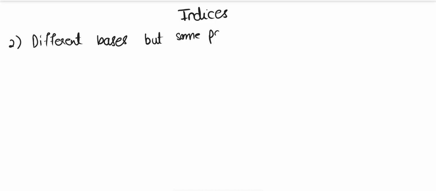Okay, now we have to study another rule. What is that rule? In the first example, we saw that we had the same bases but at different powers. Here we have different bases, different bases. This is the first condition, but same powers. Now, what do we mean by that?